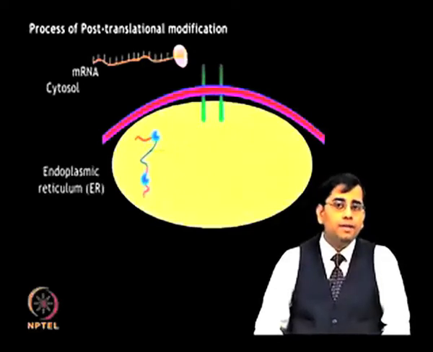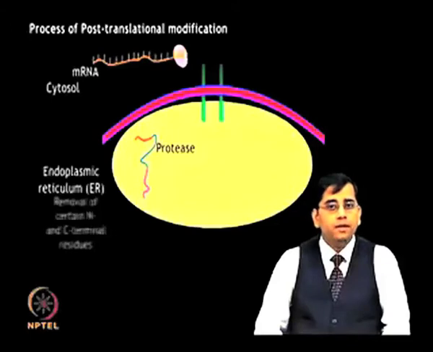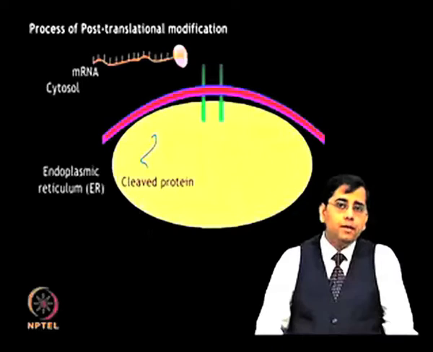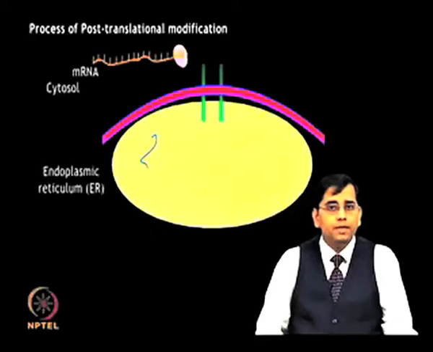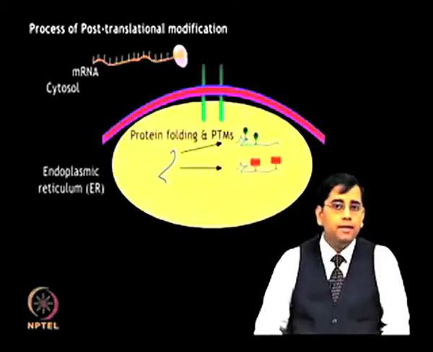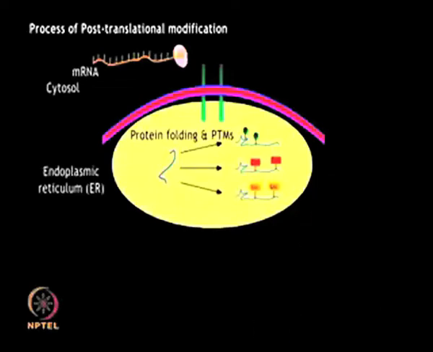Certain N-C terminal sequences are often cleaved in the endoplasmic reticulum, after which they are modified by various enzymes at specific amino acid residues. These modified proteins then undergo proper folding to give functional proteins. Due to these modifications, the number of proteins is 3 orders of magnitude higher than the total number of genes encoded in the genome.